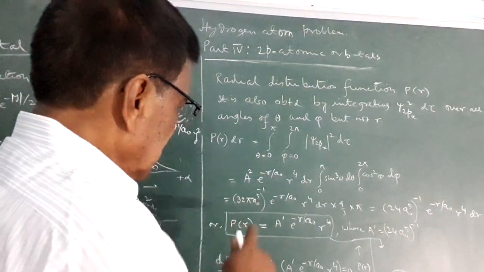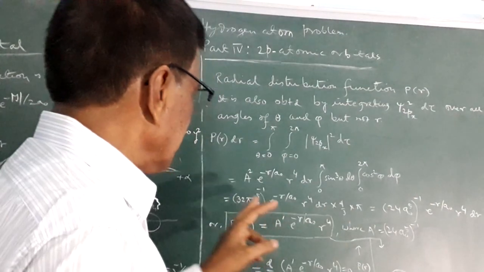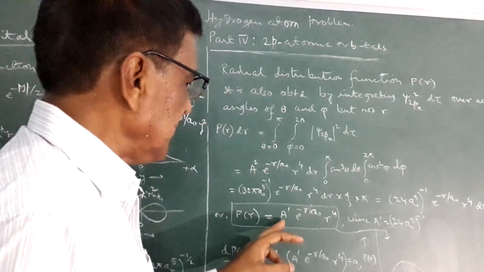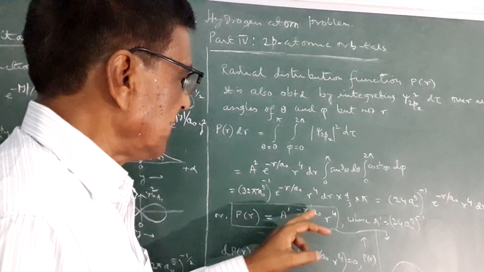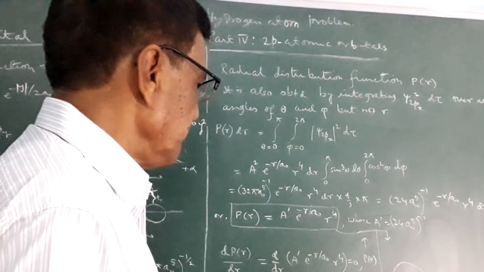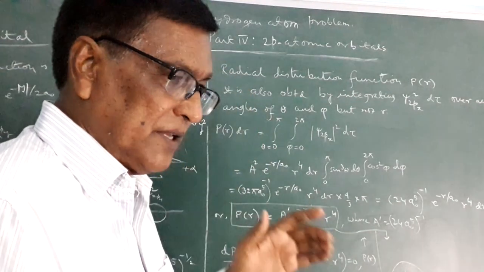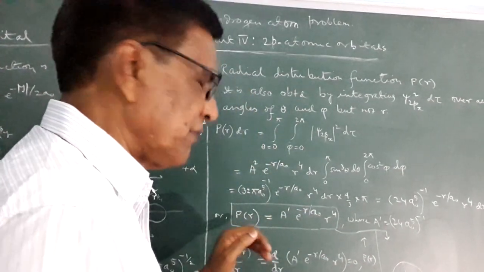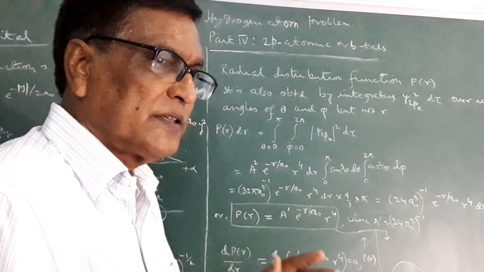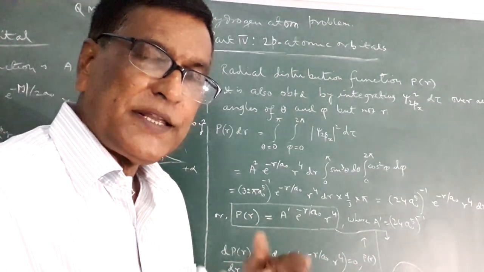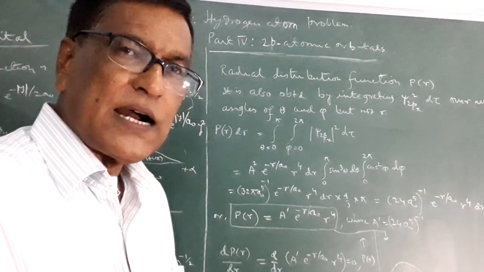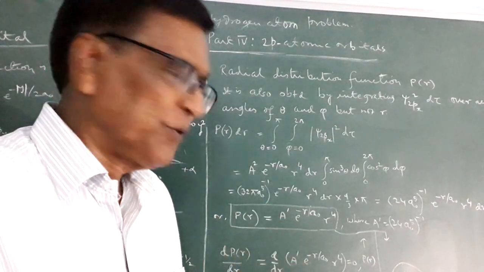So the dr cancels, so P(r) is equal to a' times e to the power minus r by a naught times r to the power 4. P(r) again, I may say, is the probability of finding this electron in a spherical shell of radius r and thickness unity.